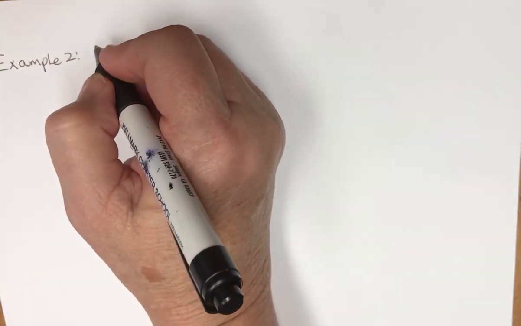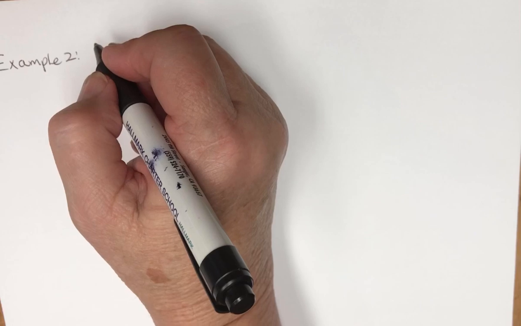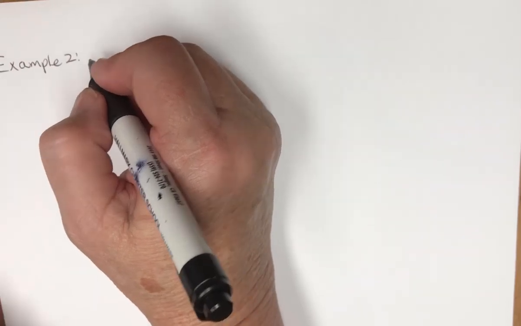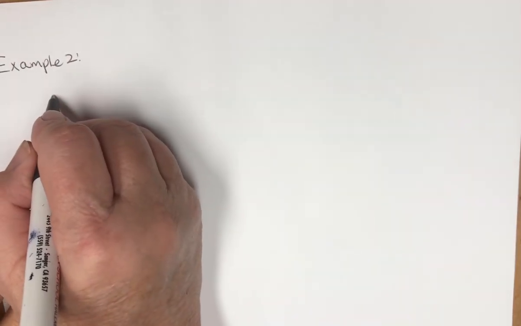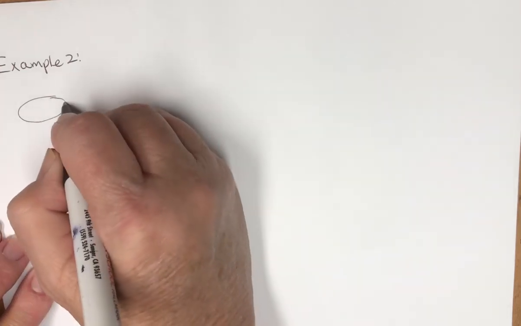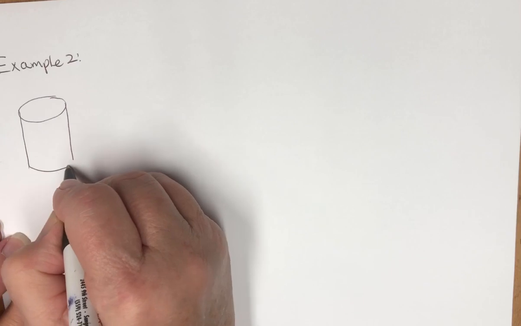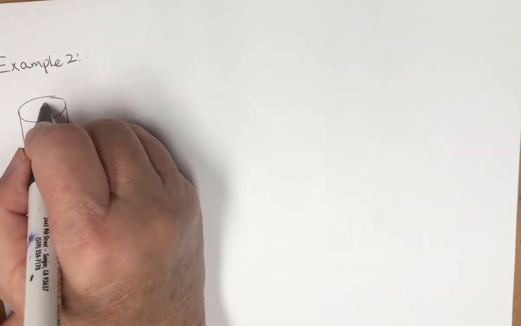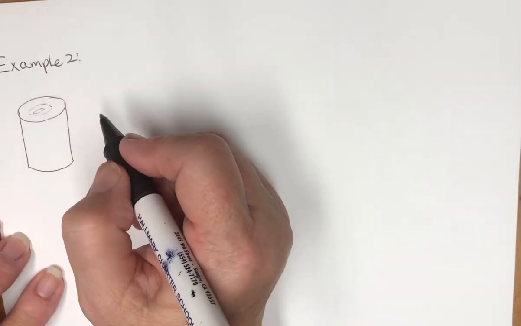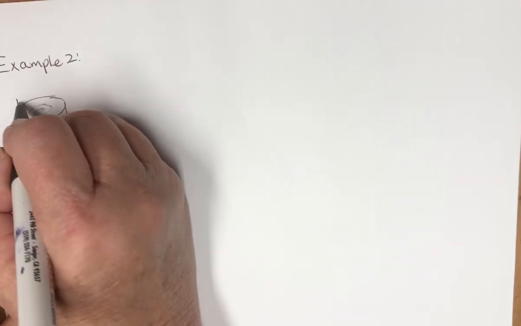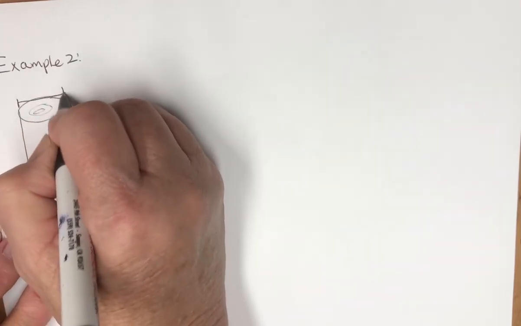And we are going to be finding out the area of the label on a soup can. So let me draw my soup can. Here's my soup can. It's got rings there. From edge to edge, that's the diameter.